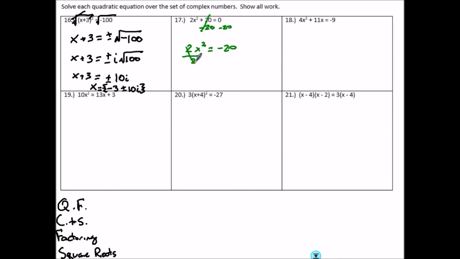Divide by 2 on both sides, and we're left with x² = -10. Taking the square root of both sides, we get x equals plus or minus the square root of negative 10. Because we have a negative root, all we have to do is take out the i. So x equals plus or minus i root 10. Final solution.